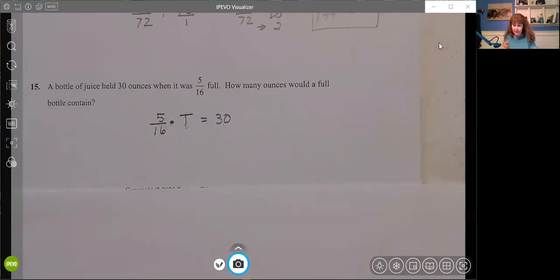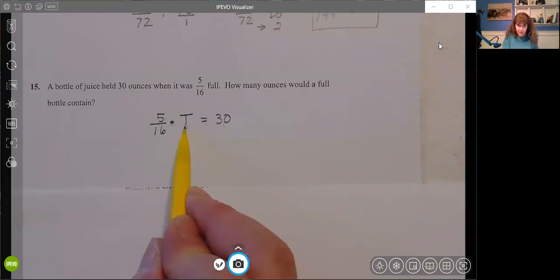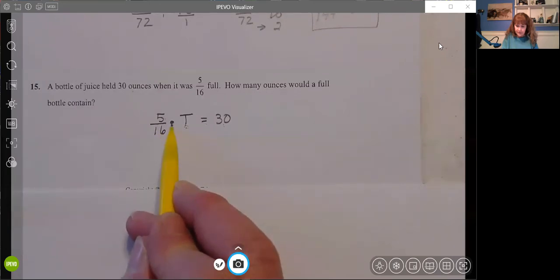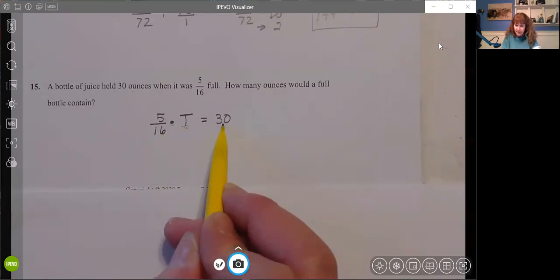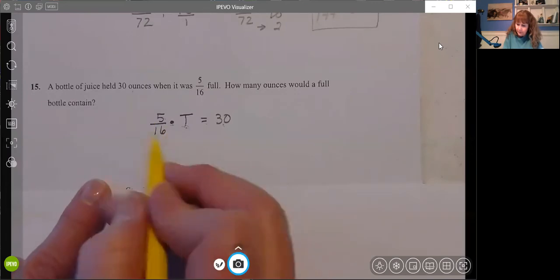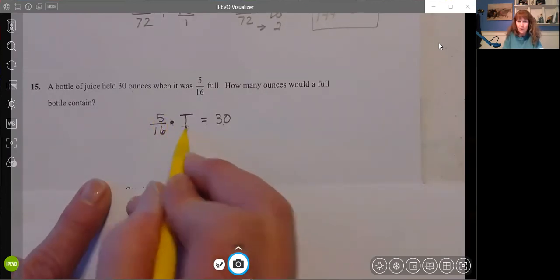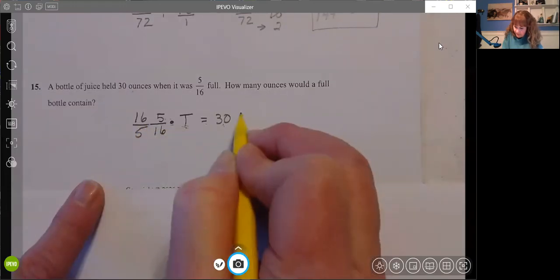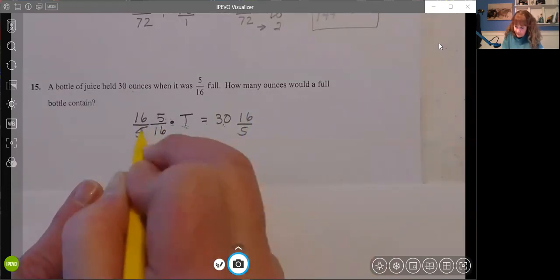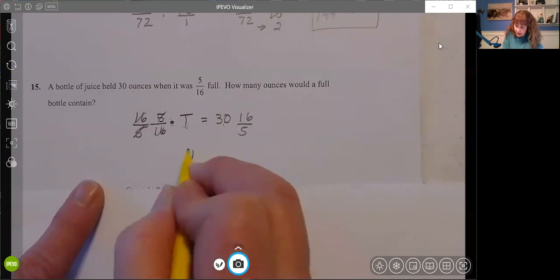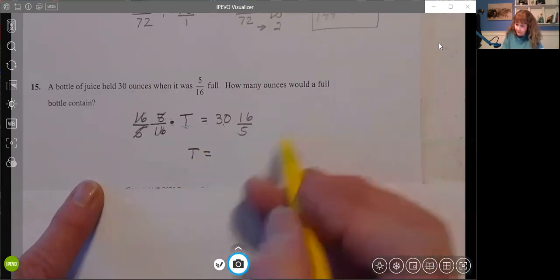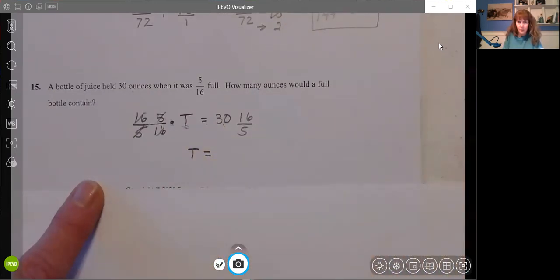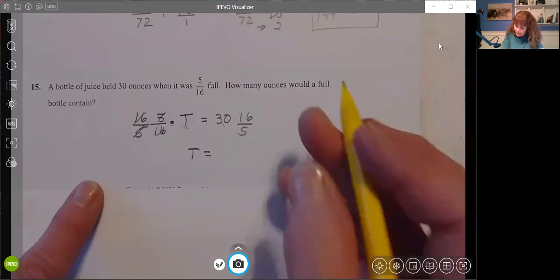In order to find the total amount, since I only had 5/16 of the total was 30 ounces, I would multiply by the reciprocal to find the total. So I would multiply by 16/5. T stands for the total, or what it's like when it's full.